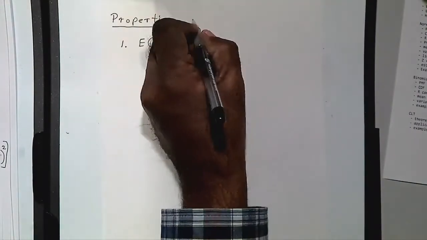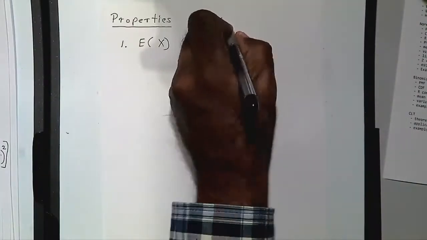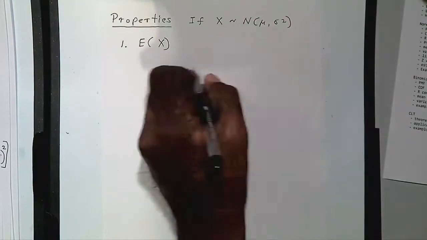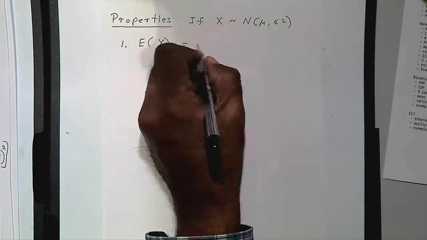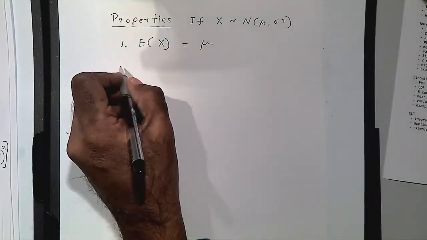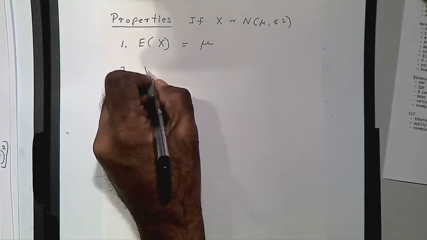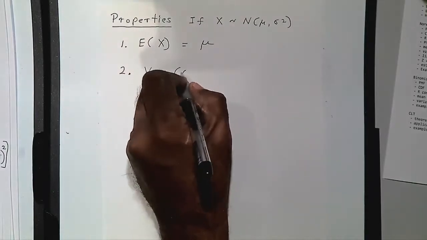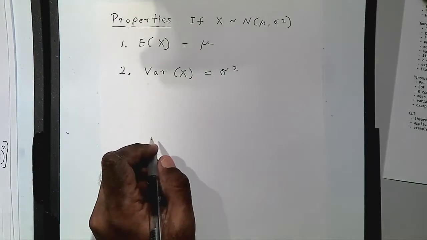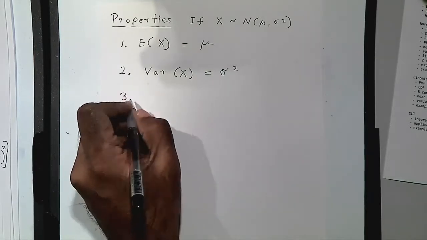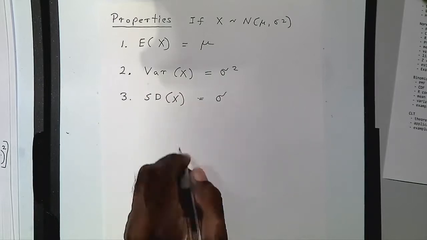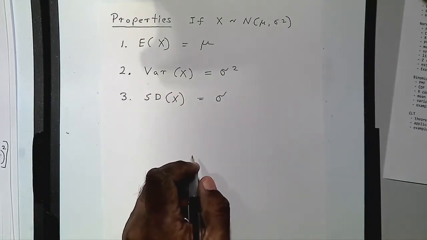So if x is a normal distribution with parameters mu and sigma squared, the expectation of x is mu. Number two, the variance of x is sigma squared. Number three, the standard deviation of x is sigma, all right?